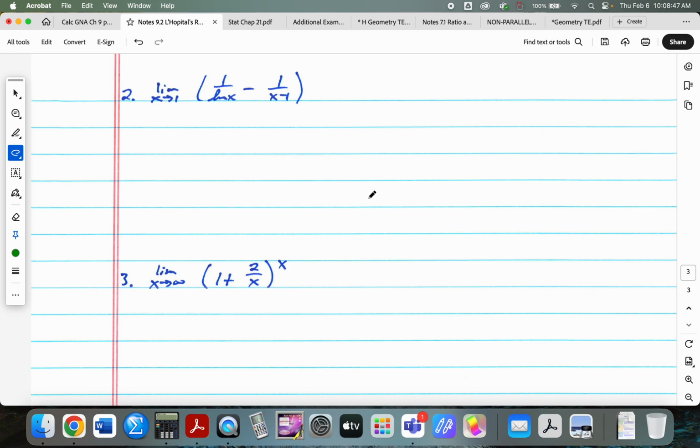Well, for this one, I would get a common denominator. So 1 over the natural log of x minus 1 over x minus 1 is going to be equal to x minus 1 minus the natural log of x all over the natural log of x times x minus 1.